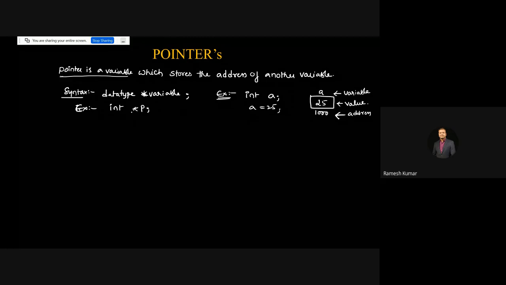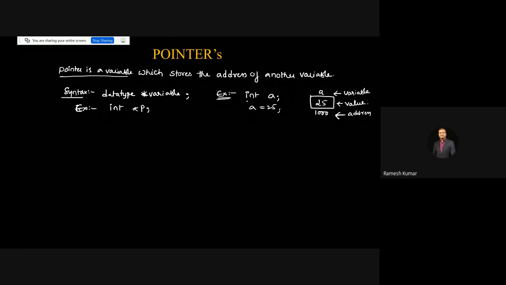Saying p is an integer pointer is a blunder mistake, keep that in mind. There are no integer pointers. Instead, we have to say p is a pointer which stores the address of an integer, but you should not say integer pointer.